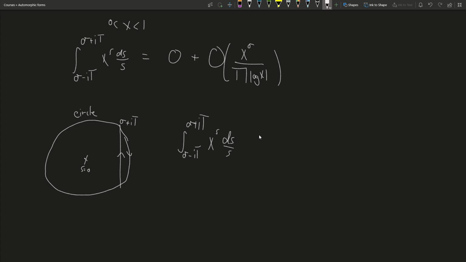So this is less than or equal to 2 pi, which is quite lazy. It's the circumference of the circle times x to the sigma over the modulus of sigma plus it, so of course these cancel.